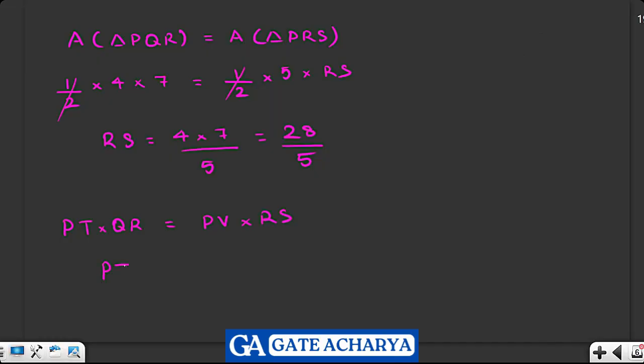So if I take PT by PV, I am getting RS divided by QR. So it's actually kind of inversely proportional. PT is inversely proportional to QR, and PV is inversely proportional to RS. Because of that inverse proportionality, you can guess from the triangle itself: as the base length is larger, height is smaller. As the base length is smaller, height is larger.